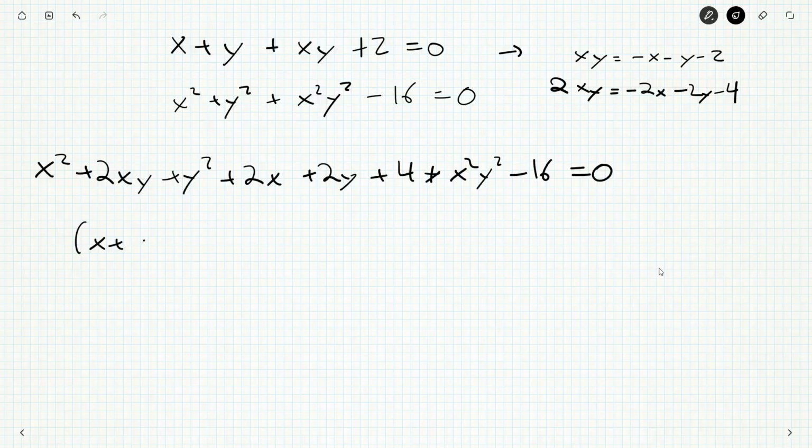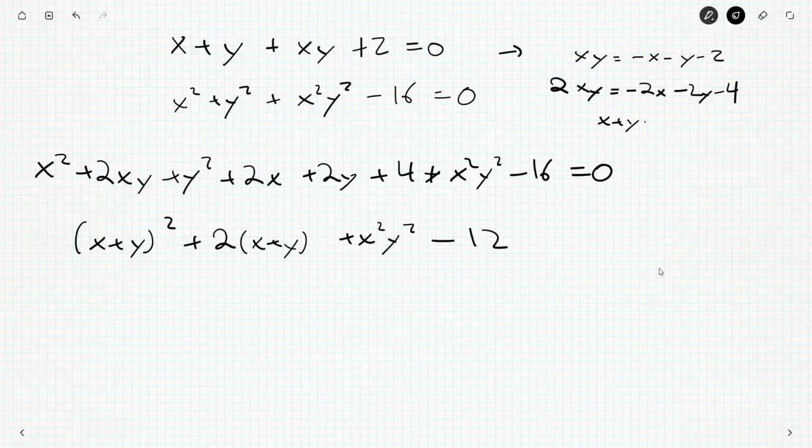And now the whole point of that was that this becomes x plus y squared. Not only that, it's x plus y squared plus 2 times x plus y. And we can say plus x squared y squared minus 12. But x plus y can also be written as negative 2 minus xy.